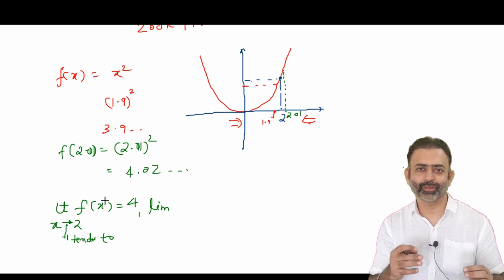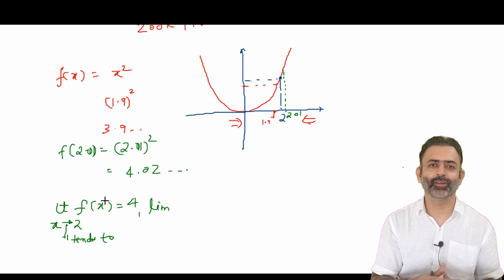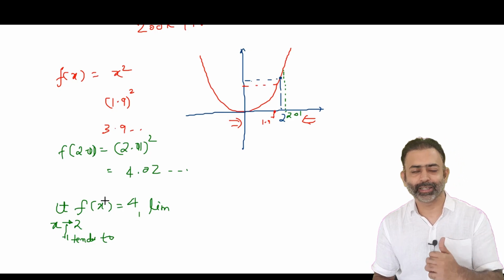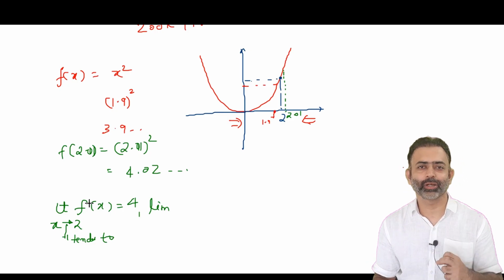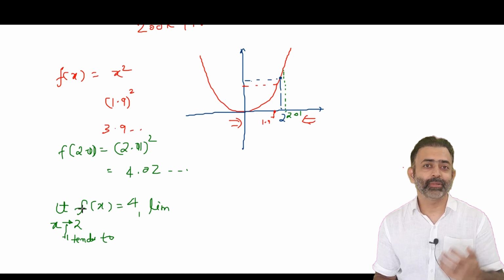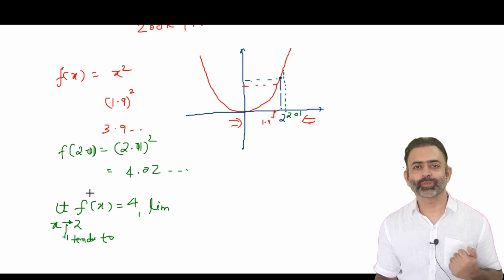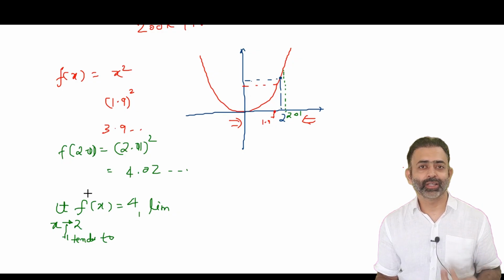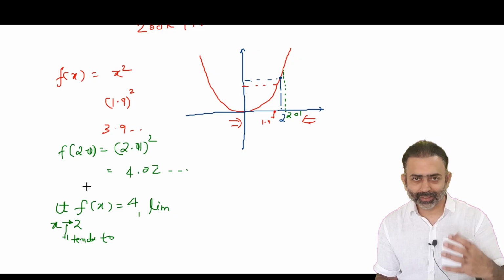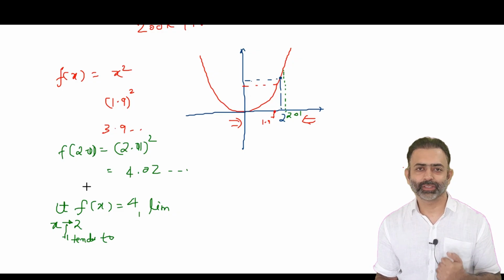If, moving from the right-hand side or from the left direction, both the values are coming out to be equal, we say the limit exists, right? And if the value of the function also comes out equal to these limiting values, we say the function is continuous. We will deal with this in the topic of continuity.